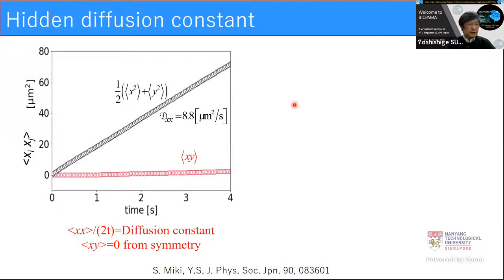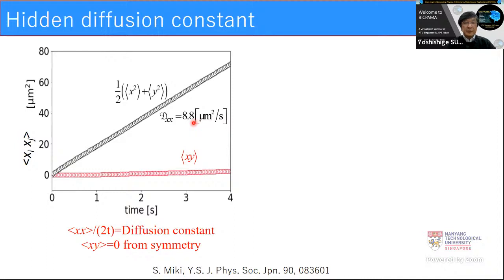The diffusion constant discussed in the previous slide was given by plotting the mean square displacement as a function of the elapsed time. And this slope provides the diffusion constant.